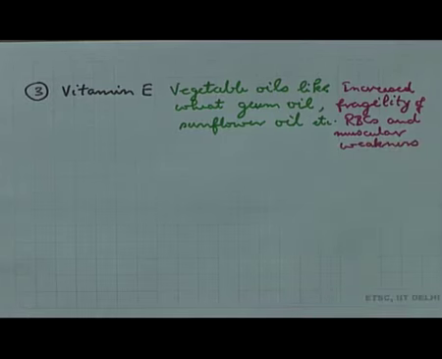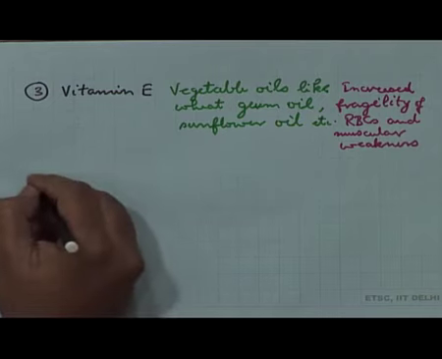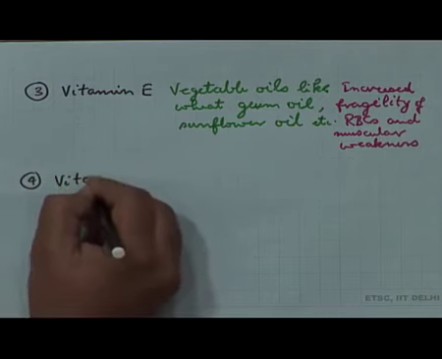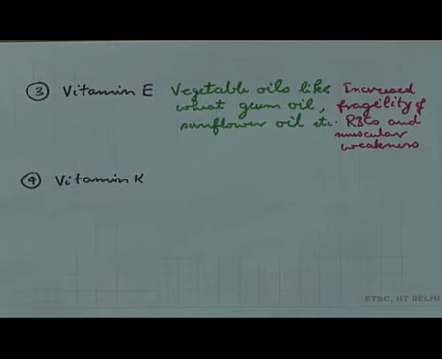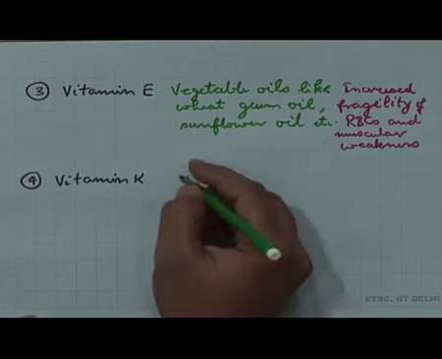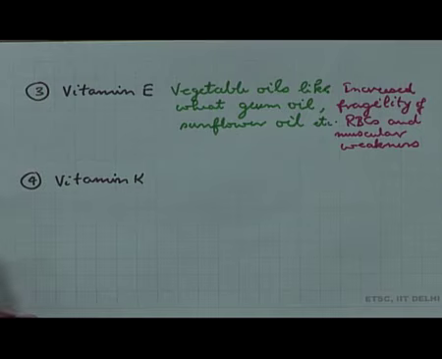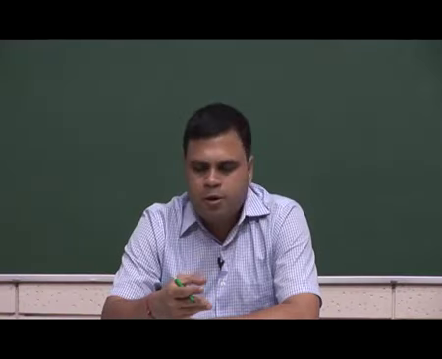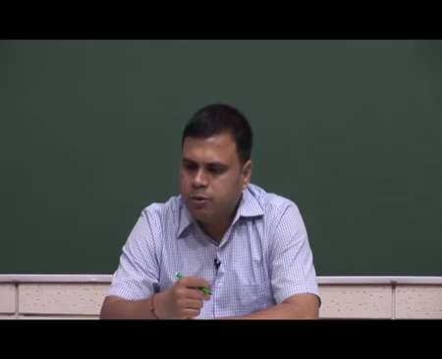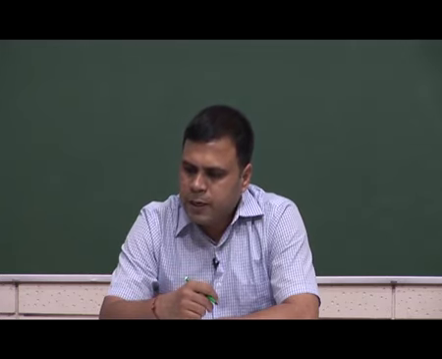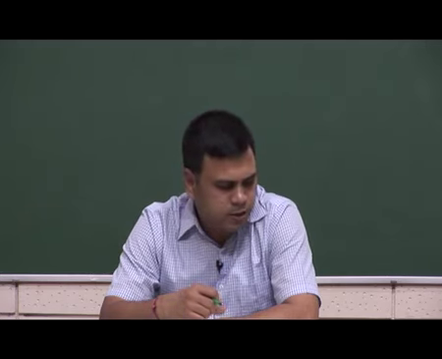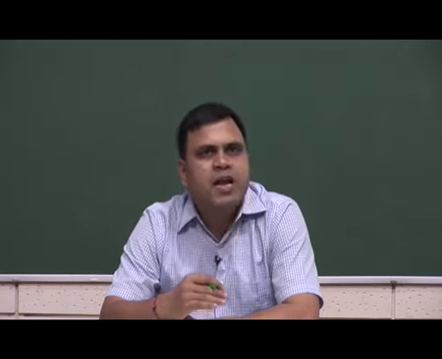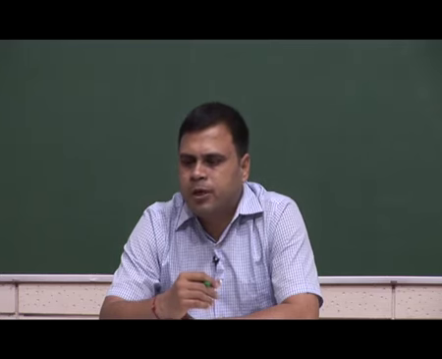And finally, vitamin K can be obtained from green leafy vegetables. So, green leafy vegetables also can supplement these water insoluble vitamins. That is very important for having a good balance of vitamins in our body.